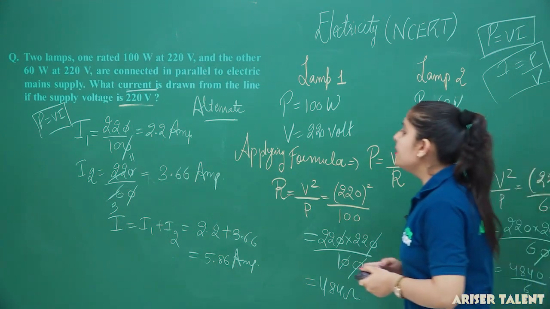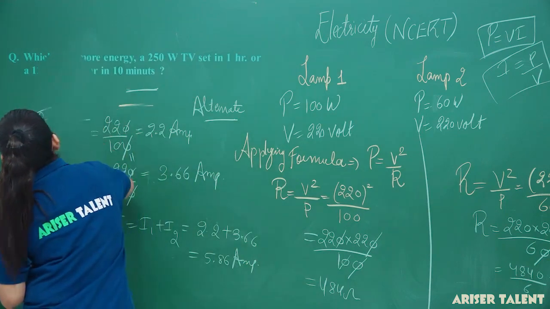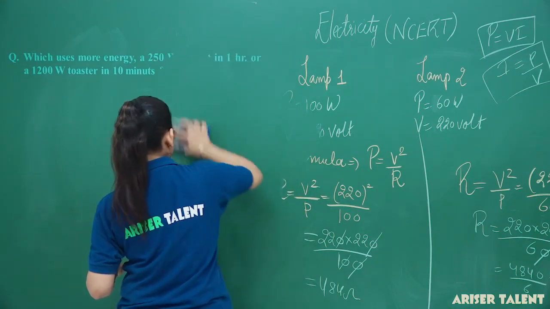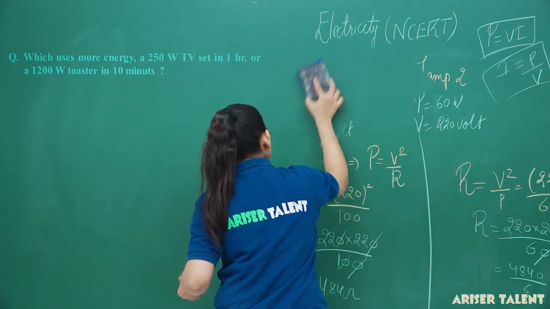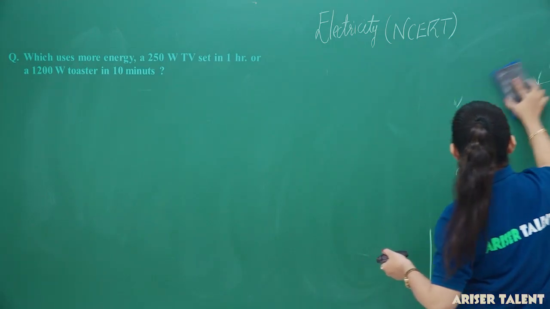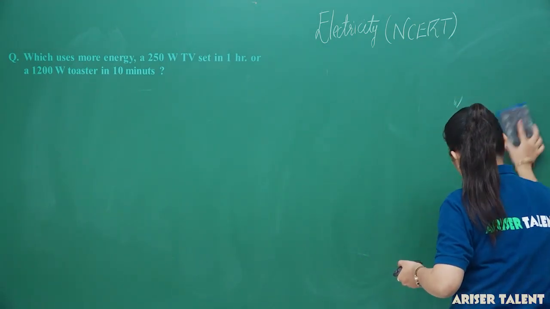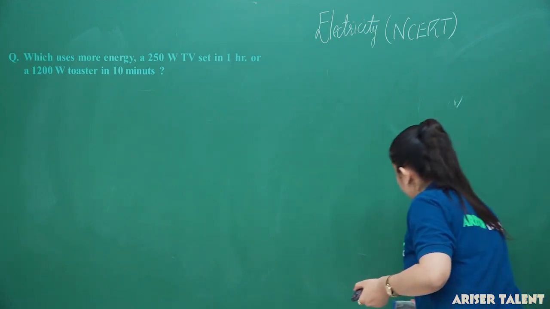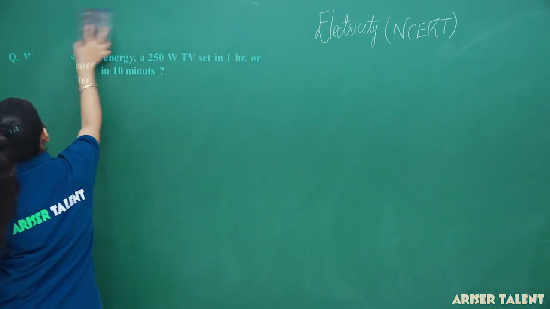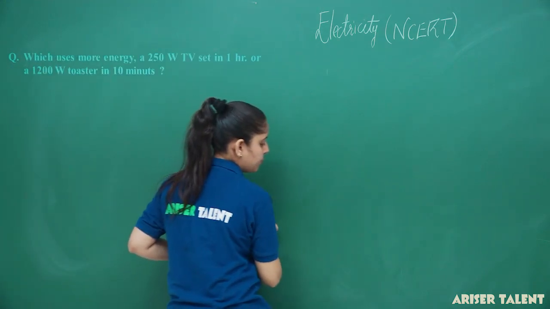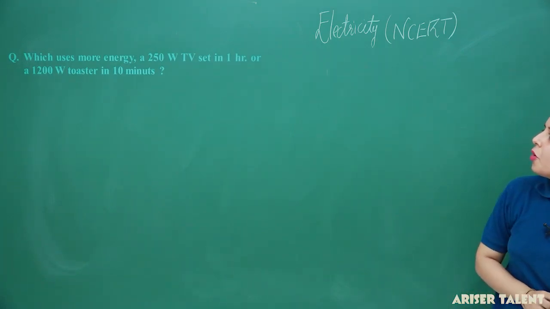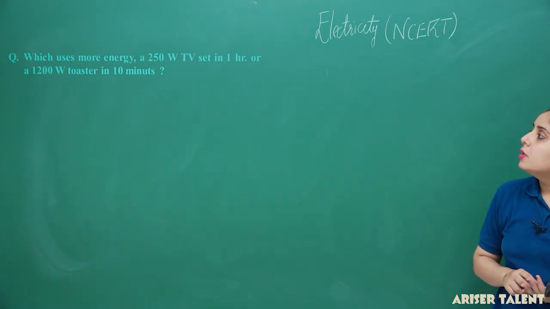Now, the next question in this sequence we have: which uses more energy, a 250 watt TV or a 1200 watt toaster.